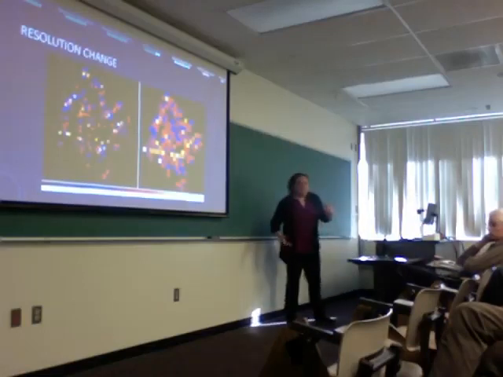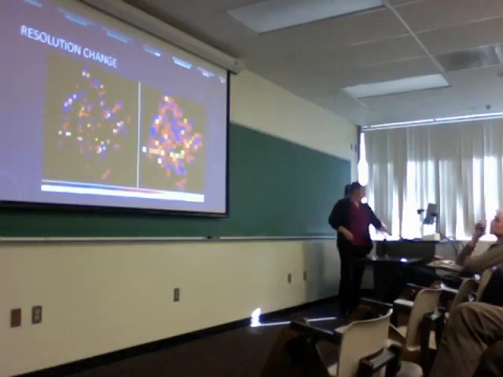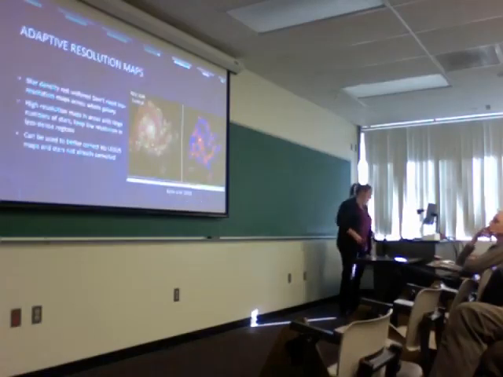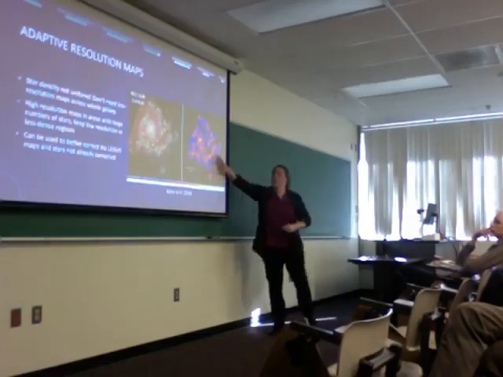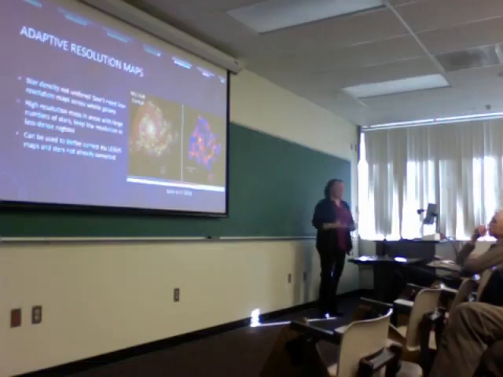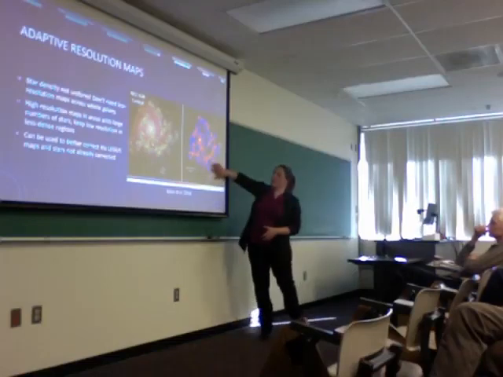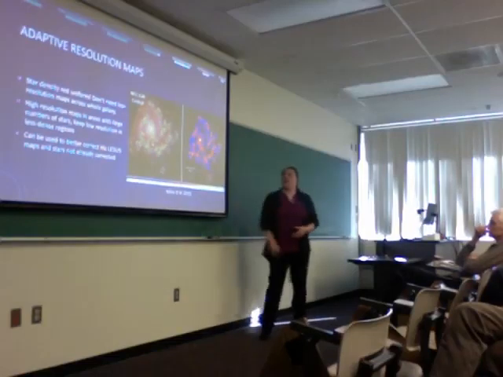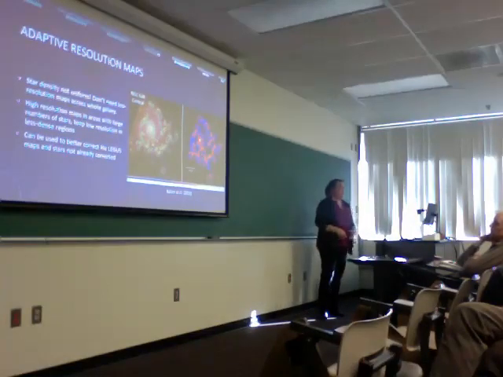Well, maybe we can exploit that non-uniform distribution and do an adaptive resolution map. So the idea behind this is, in areas where you have a high number of stars, you can get away with having spatial bins as small as 1 arc-second. But in areas where you don't have a lot of stars, like this outer edge or even in this gap right here, you want to increase your bin size to get as many stars as possible.